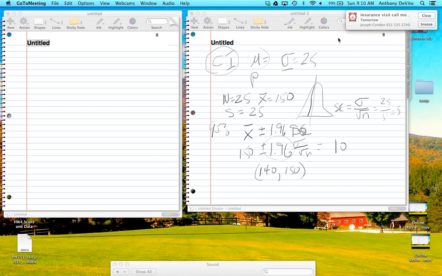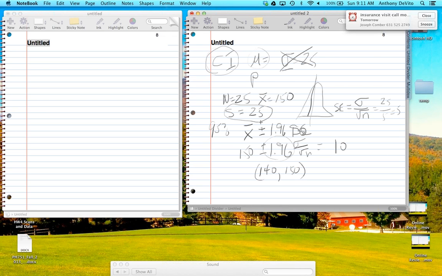Okay, so I think we know that pretty reliably. So now one of the things that might be a problem here is that we frequently don't know the standard deviation of the population, so we have to rely on the standard deviation of the sample to approximate the standard deviation of the population, just as we use the mean of the sample to approximate the mean of the population.